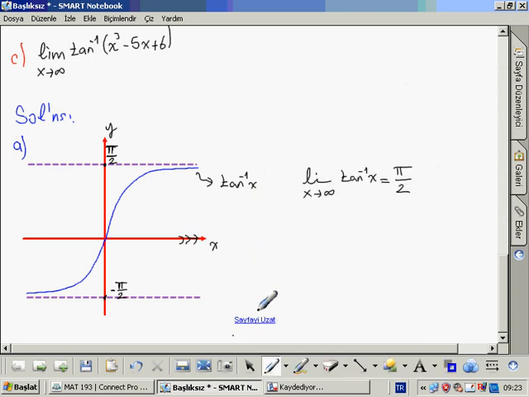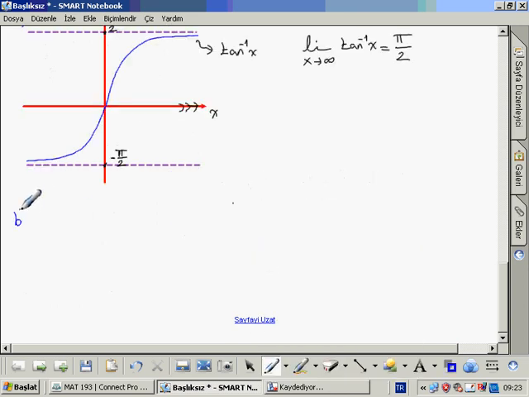For part B, when you look at it, the limit as x goes to minus infinity of inverse tangent x, as you see, our function goes to minus pi over 2.